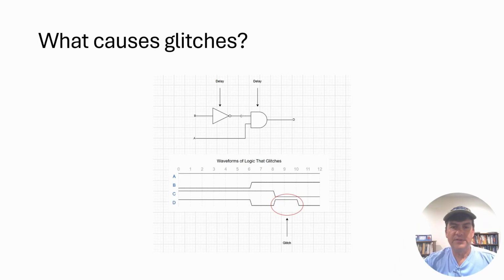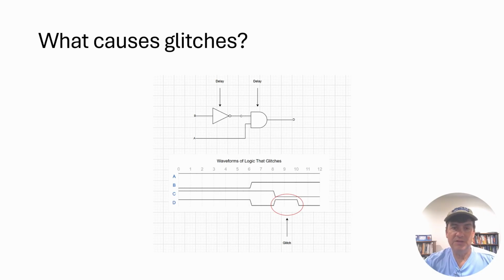Glitches occur when signals don't arrive at the same time within combinatorial logic. Even though the logic should produce a stable output for a given input combination, real hardware has propagation delays that momentarily create incorrect output values. In the example shown in the slide, input A is a constant logic 1 and does not change.